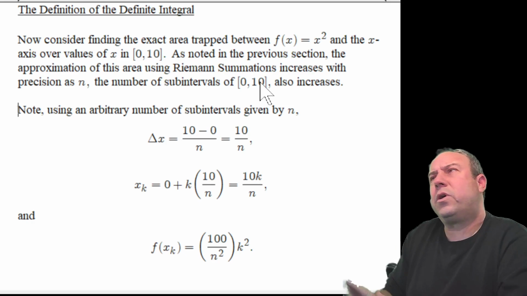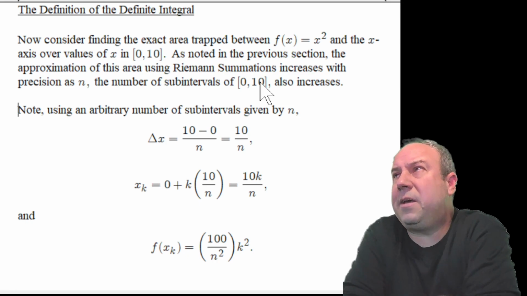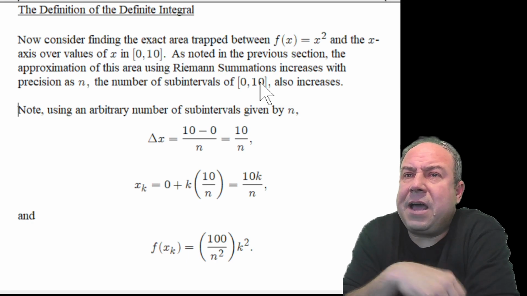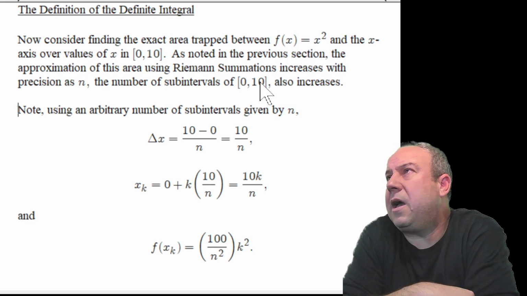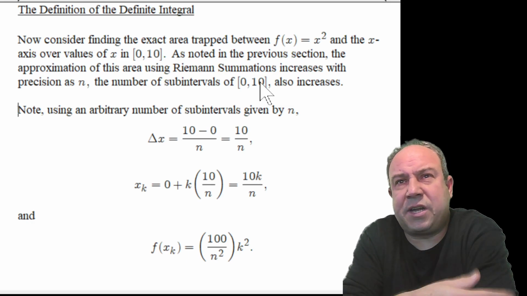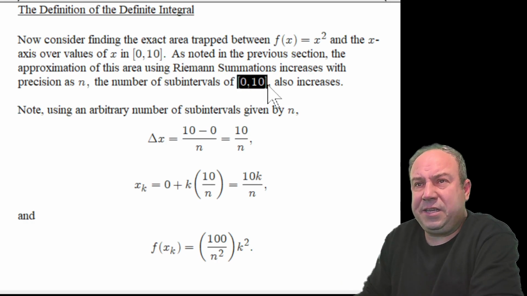We're going to consider the exact same setup we had for our Riemann summations in the previous set of notes and consider it now for an arbitrary number of subintervals, just for any value of n being an integer value representing the number of subintervals we subdivide 0 to 10 into.